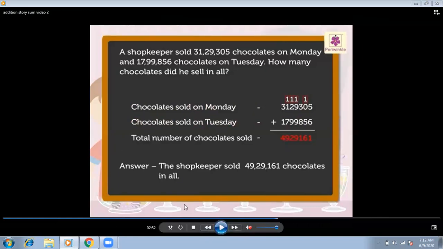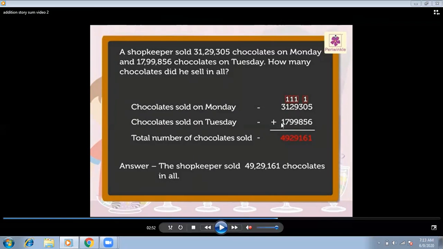Now you know very well that after addition there is an ending statement as well that you must write in all story sums in the end. When you find your answer, after finding your answer, you have to write the ending statement. That is very necessary.